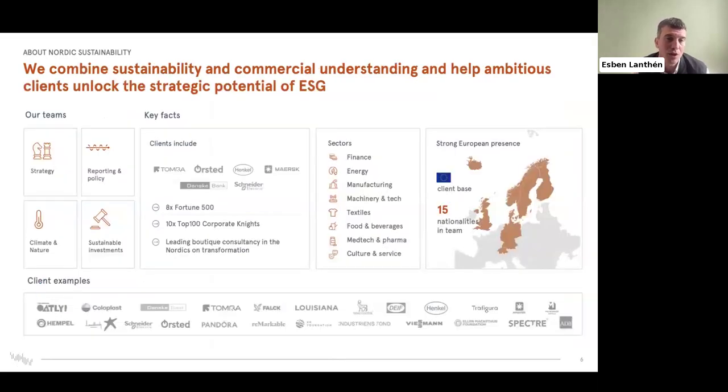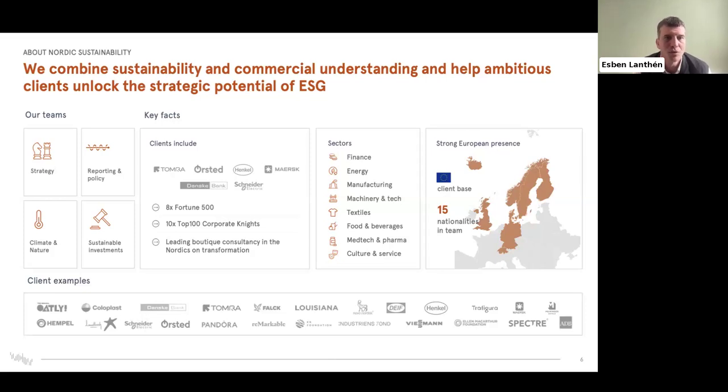We do that by working with companies across strategy development, reporting, and policy, climate and nature, and also within the financial sector on sustainable investments. We've done that with a lot of different clients, as you can see on the slide, for almost 8 years now, so not that new anymore. We have a lot of business both in Denmark, of course, but actually more of our business outside of Denmark in Northern Europe.